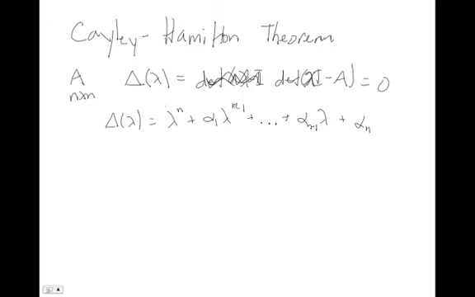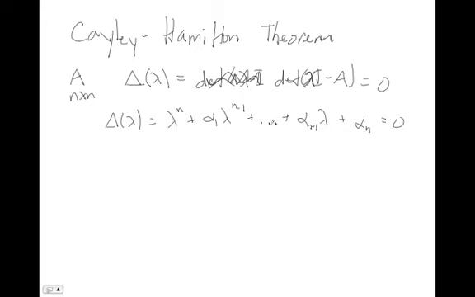So I have an nth order polynomial in lambda, and I need n coefficients alpha to describe this polynomial, and that's equal to 0. So we call this the characteristic polynomial, or characteristic equation of this n by n matrix A.